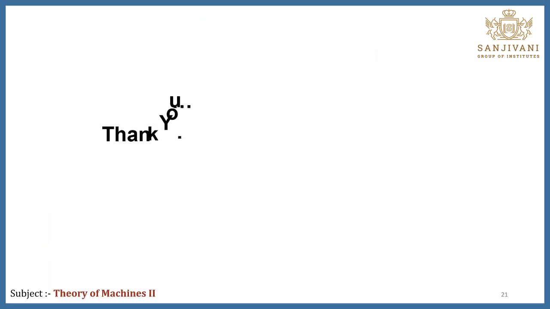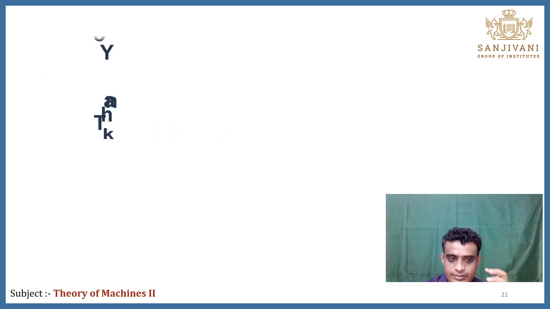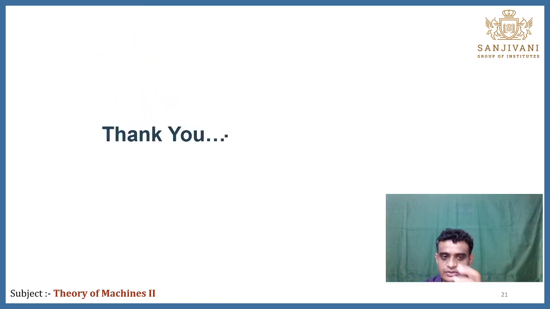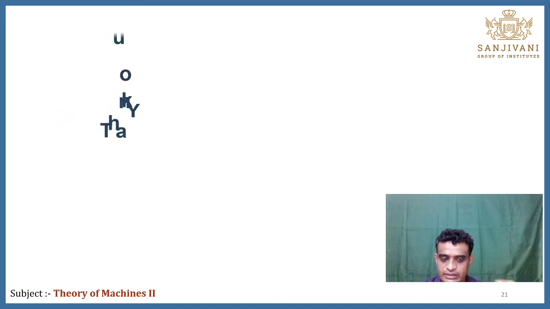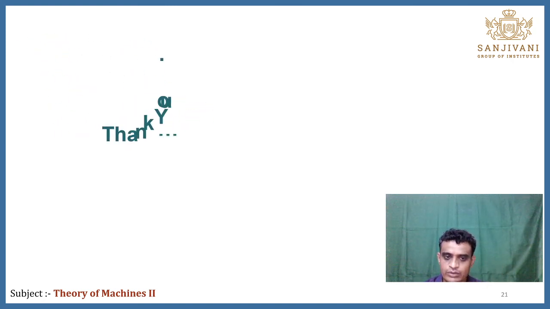In this way, this is one part of this gyroscopic principle. In this session we have started with the basics. We have studied its derivation, that alpha c, that means gyroscopic acceleration, is equal to omega p, where omega is the angular velocity of that vector and p is the precessional angular velocity.